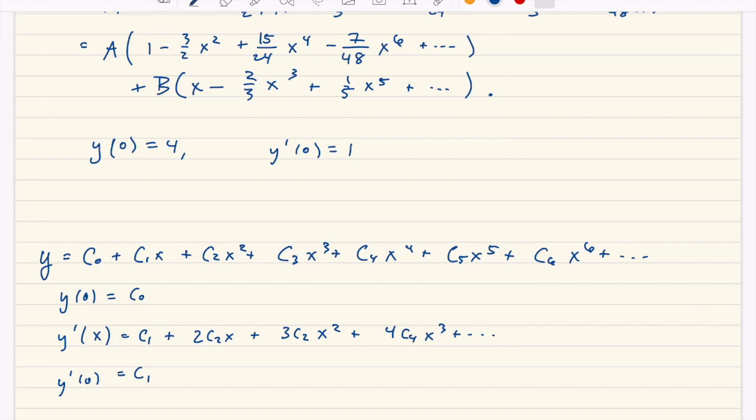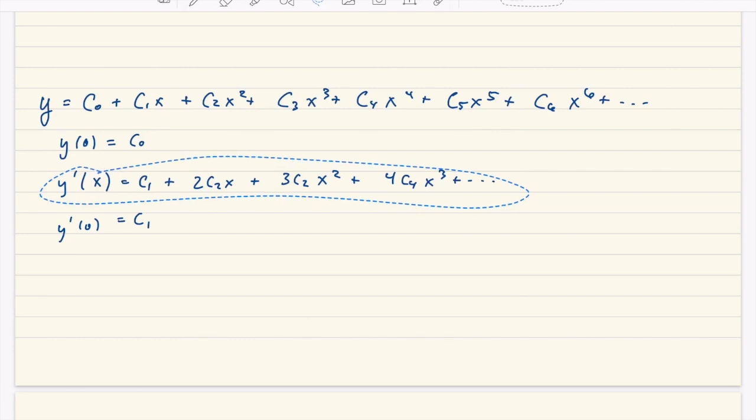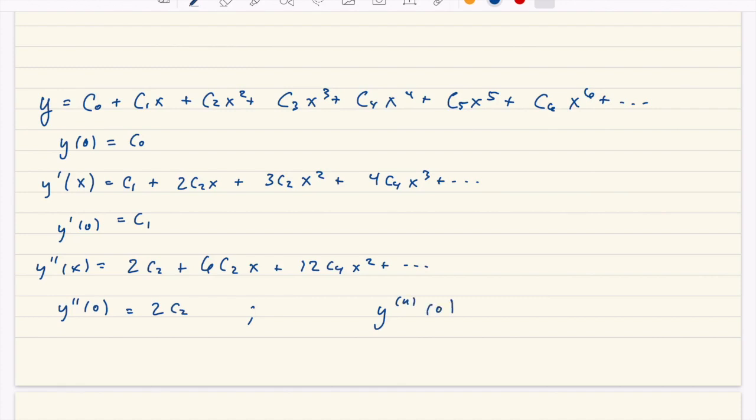And just to do one more of these, so that we don't think that there's a pattern there that's not there, y double prime is going to be 2c2 plus 6c3x plus 12c4 x squared, and so on. So y double prime of 0 is 2c2. It turns out that the nth derivative of y at 0 is n factorial c sub n.